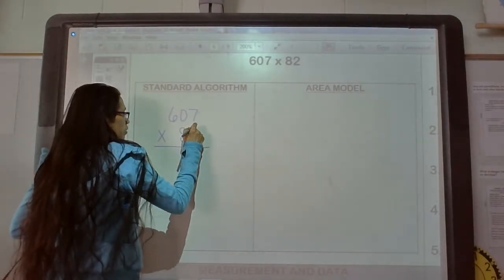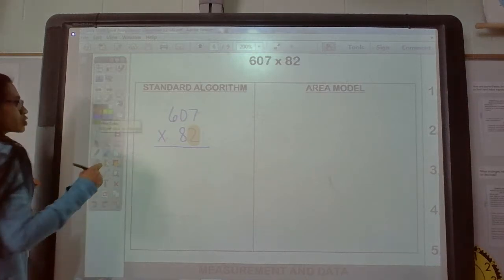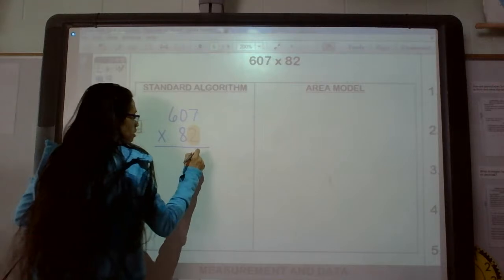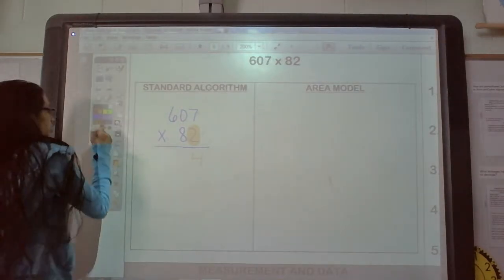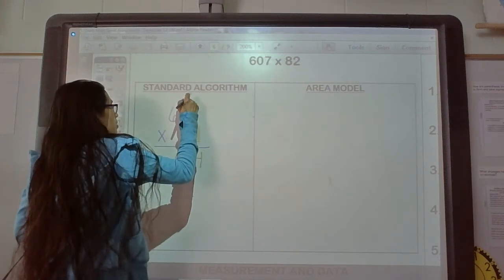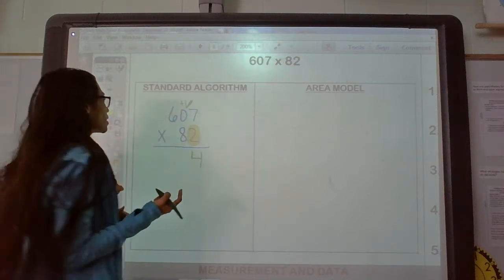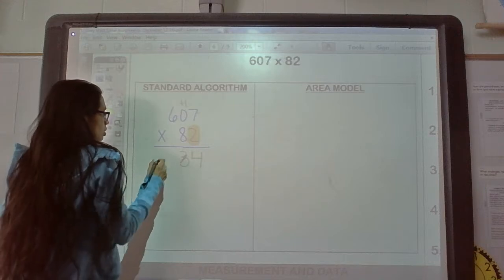Let's multiply that 2. 2 times 7 is 14. Let's make it a little bit darker. 2 times 7 is 14. Plus 1 up top. 2 times 0 is 0. Plus 1 is 3. 2 times 6 is 12.